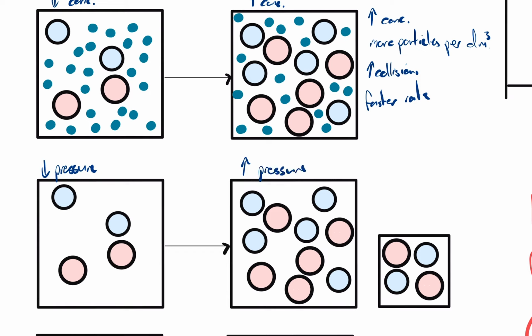And I've done this for a reason, right? So we've got one where we've got more particles within the same container, the same volume. And in the next one, we've literally just lowered the volume. And here, I hope you can see, in both cases, the particles are closer together. There are going to be more collisions. So these are the two ways that we can increase the pressure, by adding the number of particles and by decreasing the size of the container.